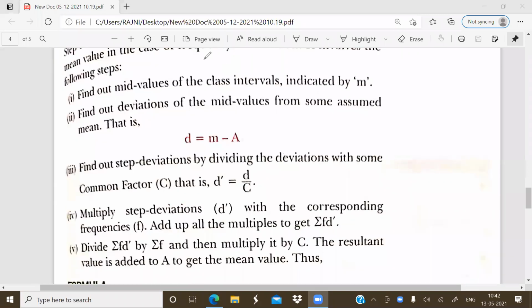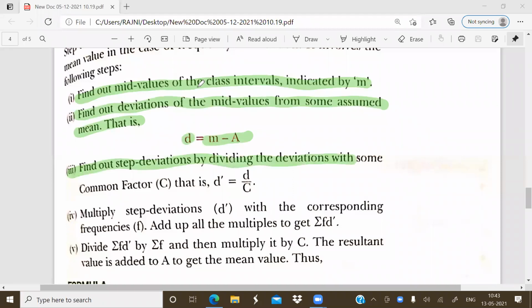The first major step is to find the mid value of the class interval. After that, find the deviations. Deviation means d is equal to m minus the assumed mean. The third step is d dash. D dash means d divided by a common factor. The common factor is very easy to find. It means the difference between the class intervals will be used as the common factor. After that, multiply d dash with f and calculate the sum of fd dash.